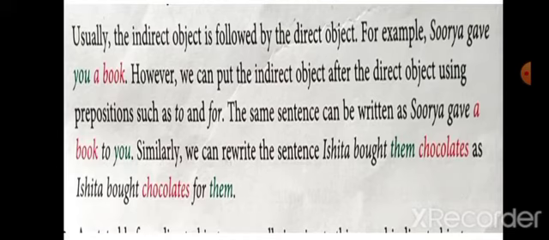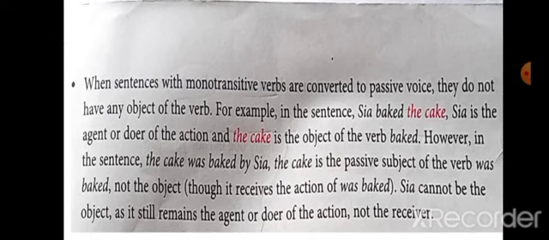However, we can put the indirect object after the direct object using prepositions such as to and for. The same sentence can be written as Surya gave a book to you. Similarly, we can rewrite the sentence Ishita bought them chocolates as Ishita bought chocolates for them.